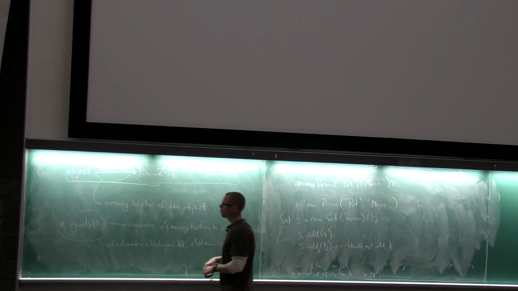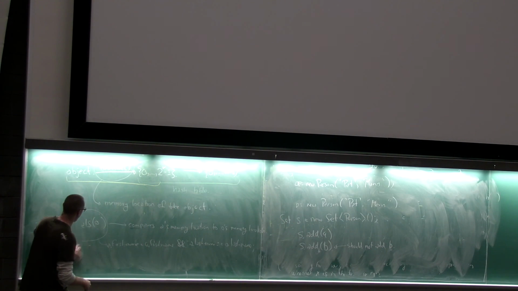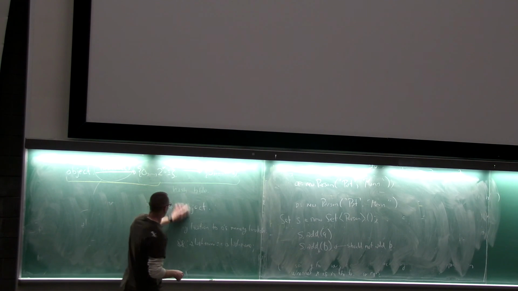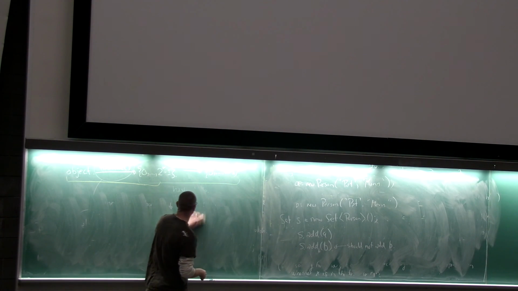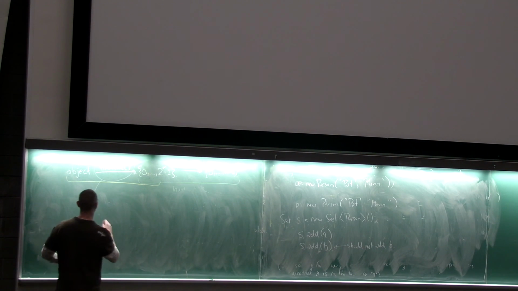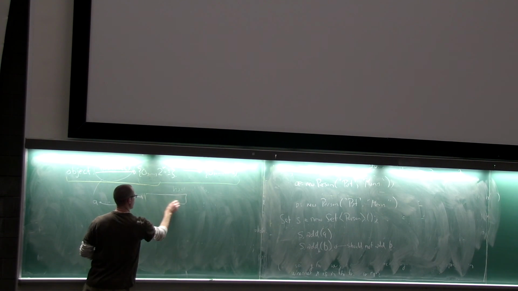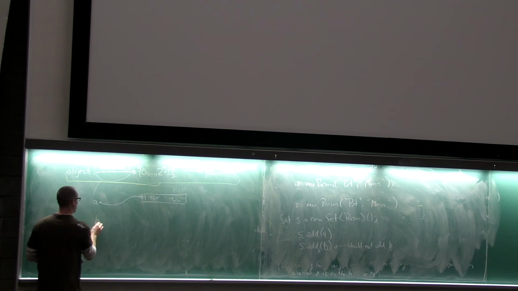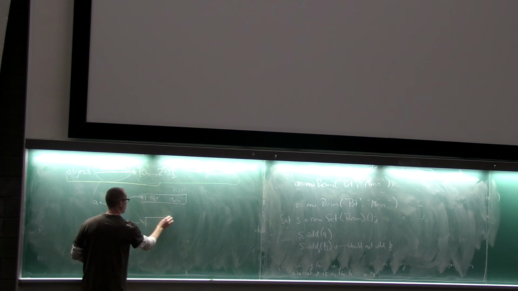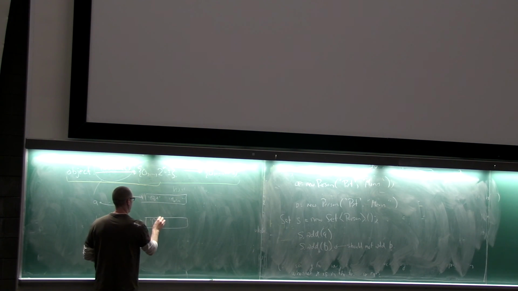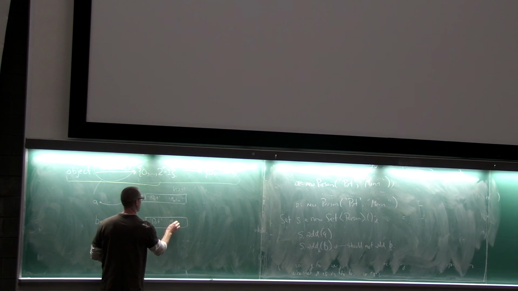But if we look at the picture of this in memory, A is a reference to some memory location over here that has all the data about this person. B is a reference to a different memory location, which has all the data about this person.